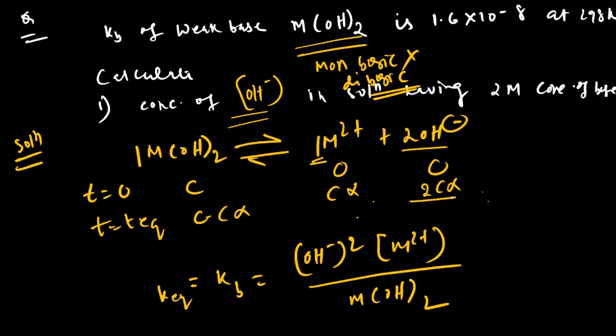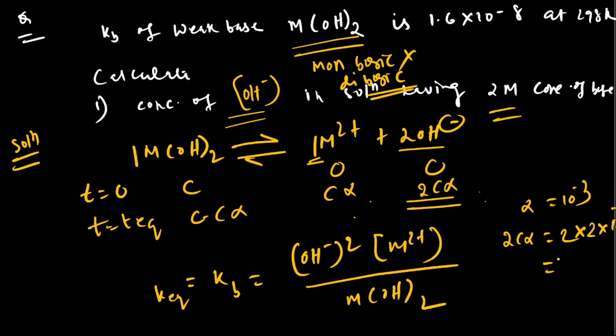So OH minus will be 2C alpha. We got alpha equal to 10 raised to minus 3. The OH minus concentration we want to calculate is 2C alpha. So 2, and the concentration is 2 molar, so into 2 into 10 raised to minus 3, since the alpha value is 10 raised to minus 3. That is 4 into 10 raised to minus 3.